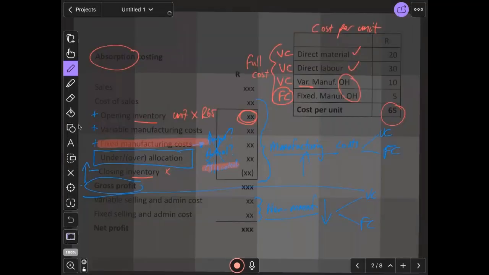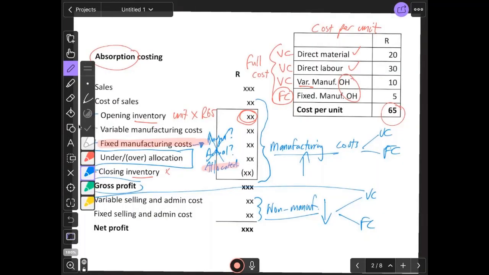And this is important to see. So if we go back, this line item here is our allocated fixed manufacturing overheads. So in our first example, it was 5,000 Rand. But our actual was 6,000.